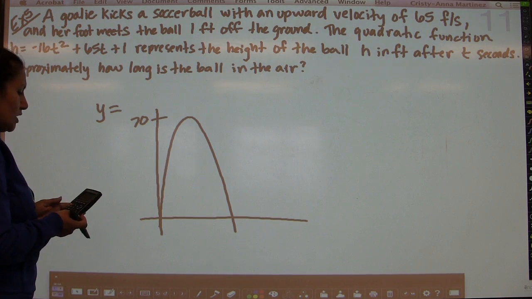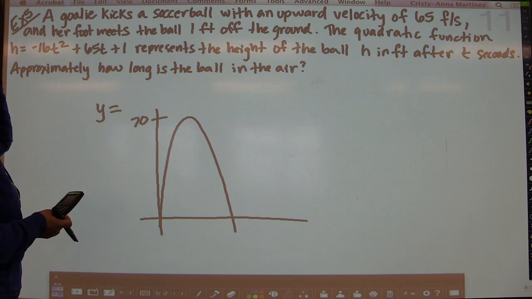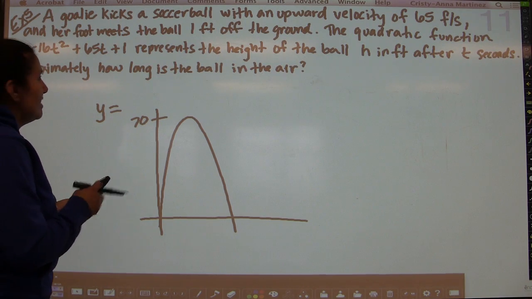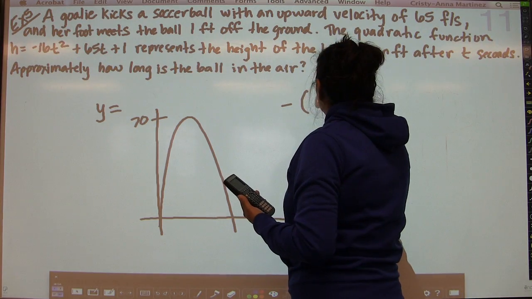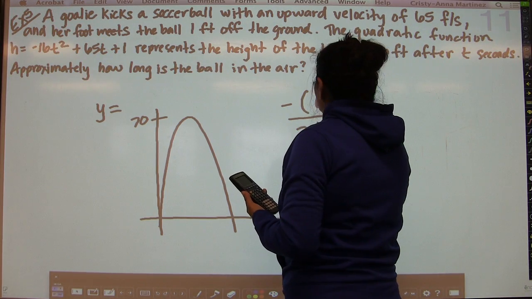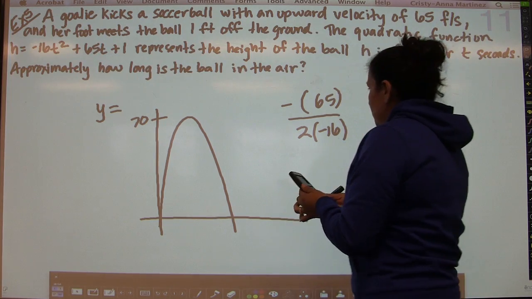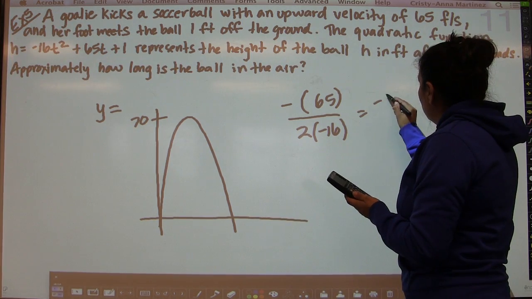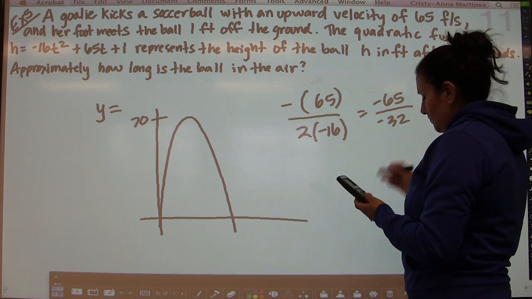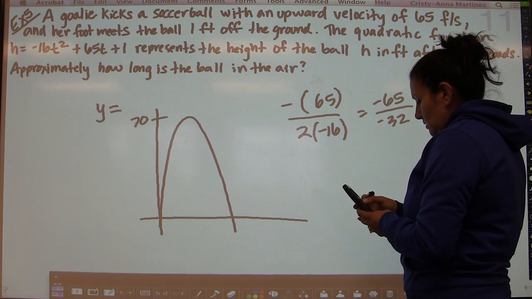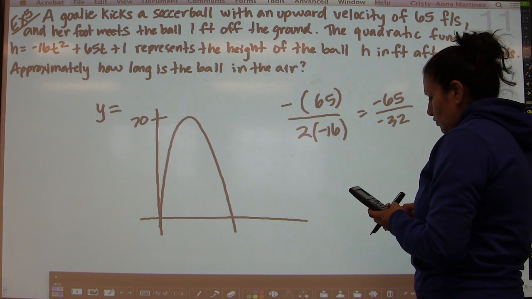But anywho, so what I want you to do right now is the vertex of this function is negative b over 2a. So it's going to be negative 65 divided by negative 32 because 2 times 16 is 32.